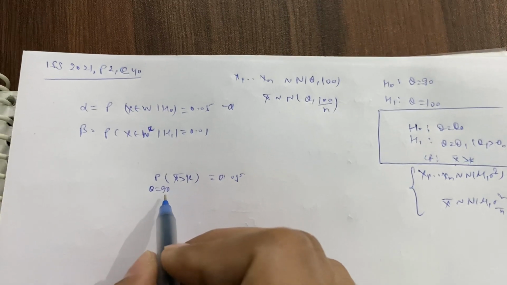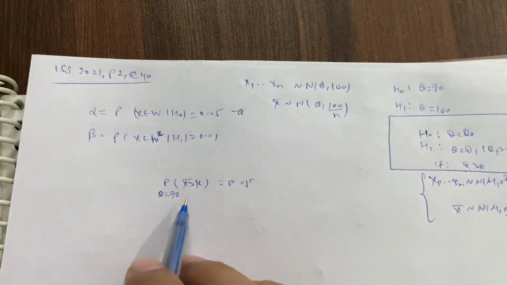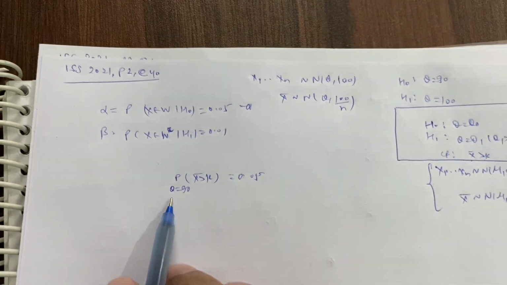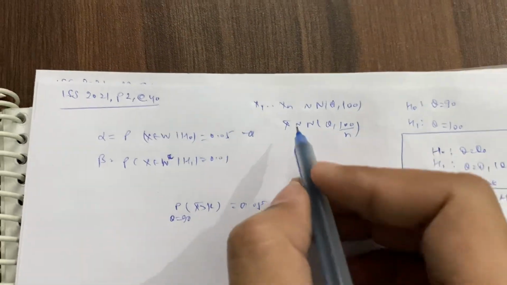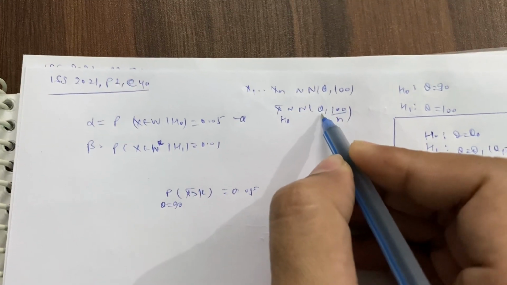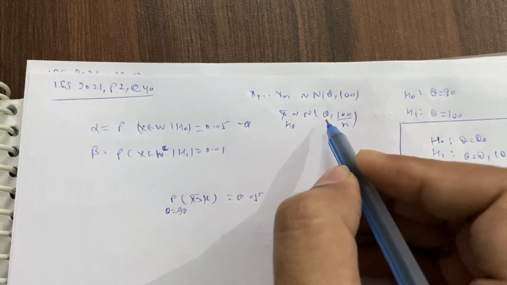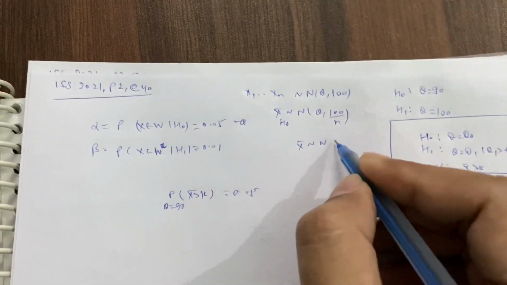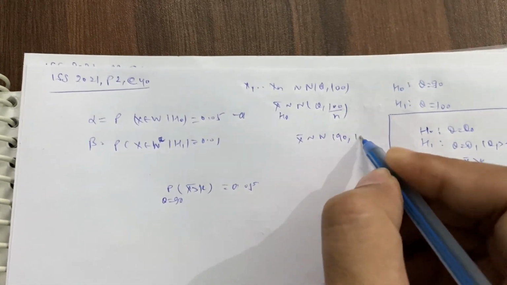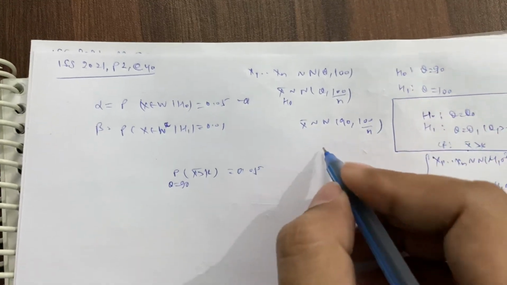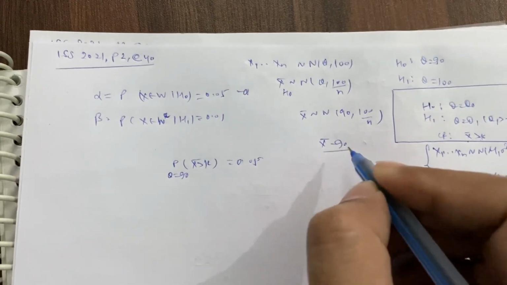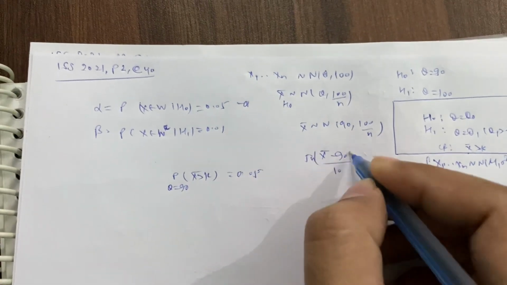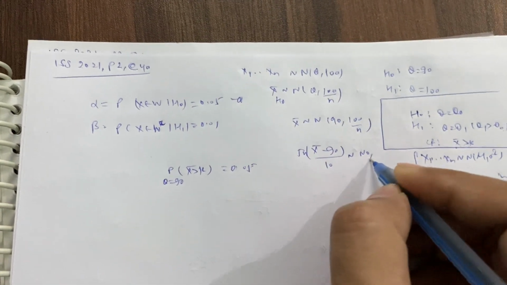Under the null hypothesis, our theta is equal to 90. So under H0, x bar will follow a normal distribution with mean 90 and variance 100 by n. This means x bar minus 90 divided by the standard deviation, 10 by root n, will follow a standard normal distribution.